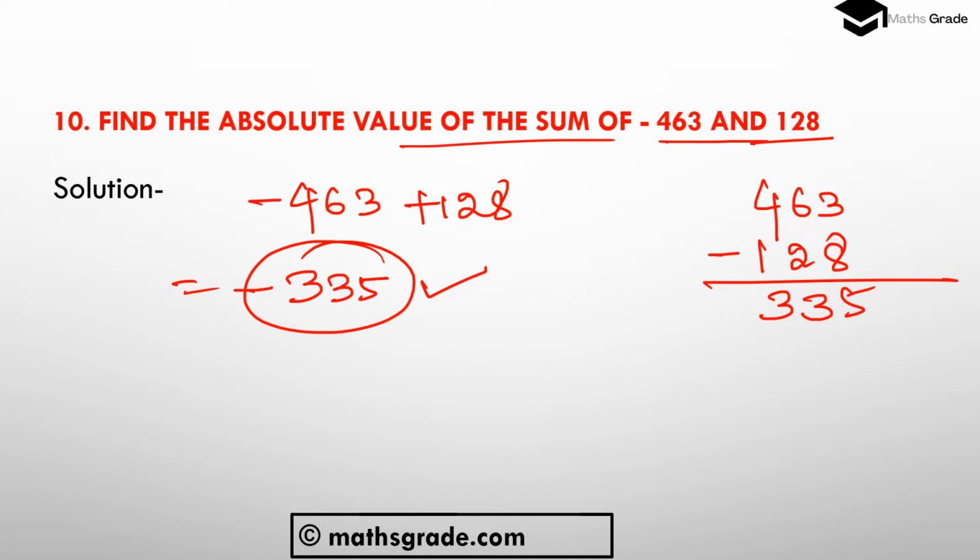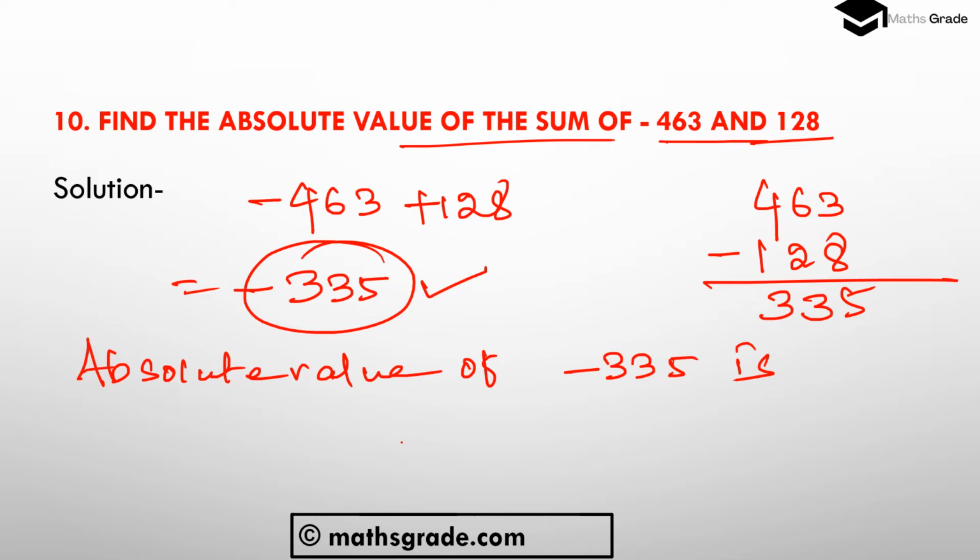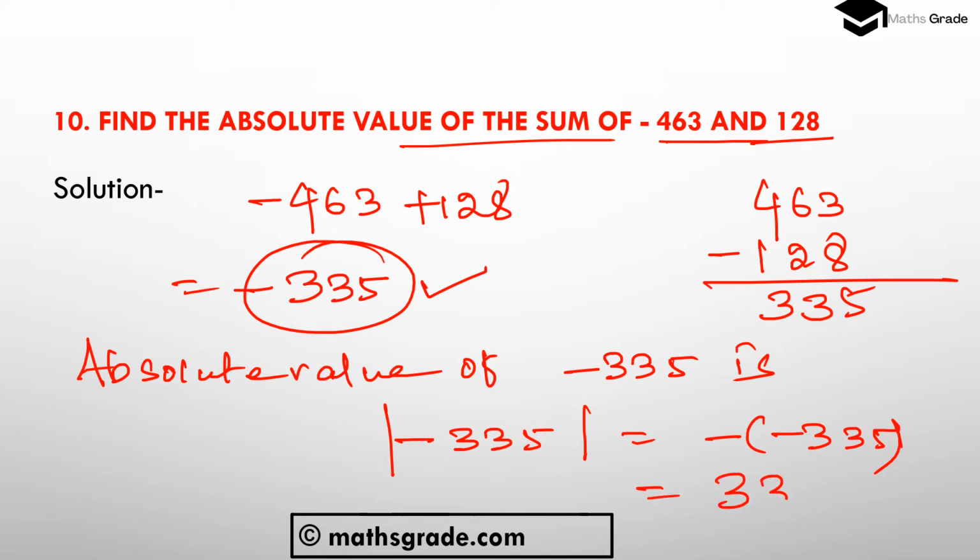So the absolute value of the sum of minus 463 and 128: the sum of minus 463 and 128 is minus 335. Now the absolute value of minus 335 is, minus of minus 335, which is positive 335.